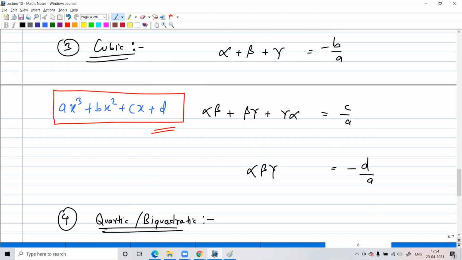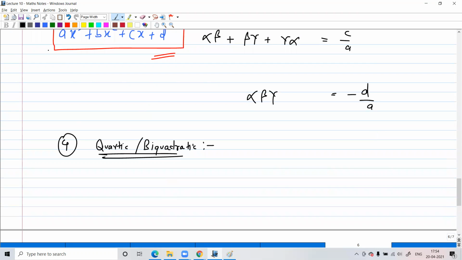So if it is a degree 4 polynomial, what will be the standard form? Tell me, anyone? A into x power 4 plus b into x power 3 plus c into x square plus dx plus e.